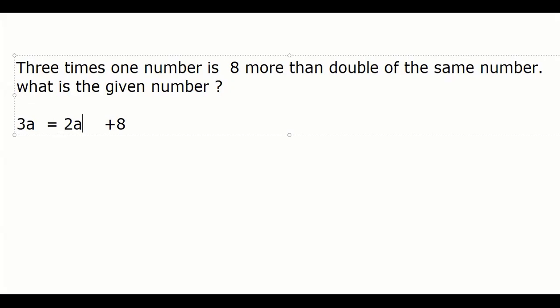Yes, sir, but my mic has gone mad. Mad or bad? Okay. Three times one number is 8 more than double of same number. That's it: 3x equal to 2x plus 8. Very easy, everyone.